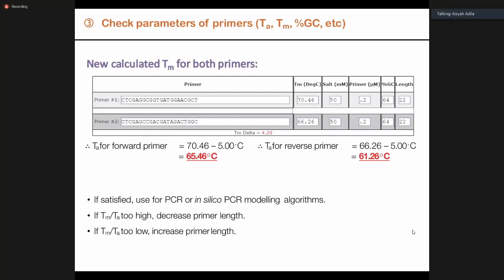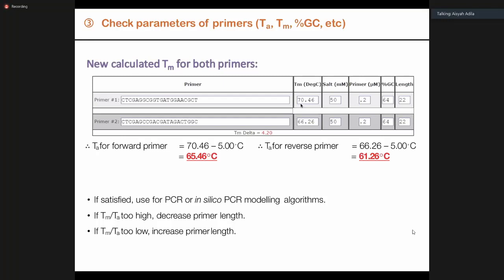For example, in this case, you get the primer sequences for the first one and the second one. If you look at the melting temperature, it is too high.